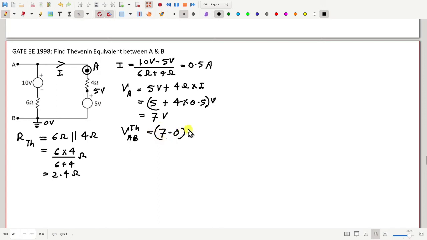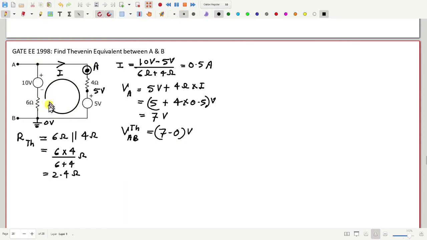Sir, in the place where we're finding the current I, we are assuming that the current through 6 ohm resistance and 4 ohm resistance would be the same, right? Yes, that has to be, because there is no other path. This has only one loop.